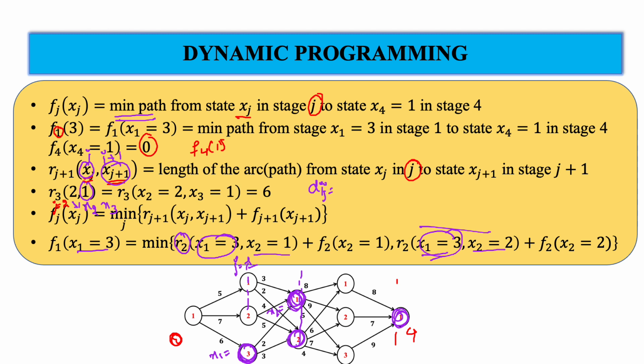So in general, how do you find fj xj? It's the minimum of rj plus 1, xj plus 1, plus fj plus 1, xj plus 1. That minimum will give you this. Now let us find out the minimum distance.